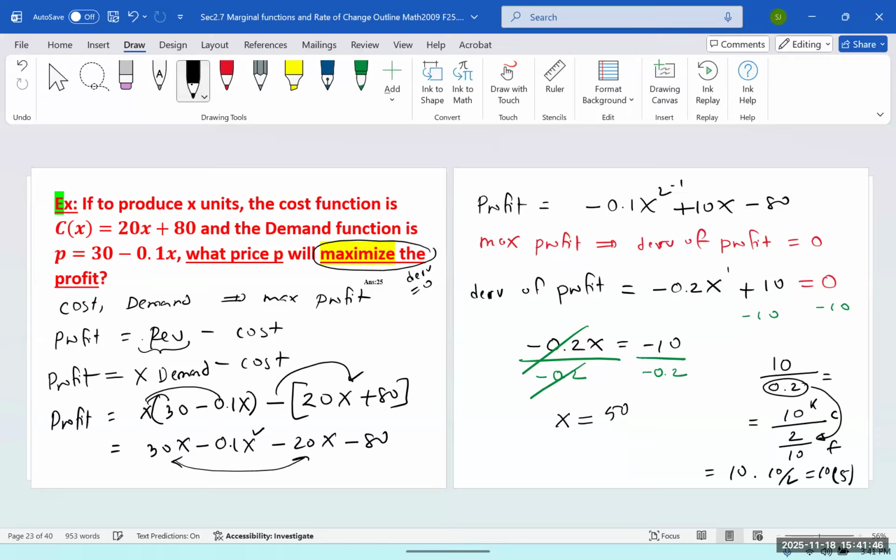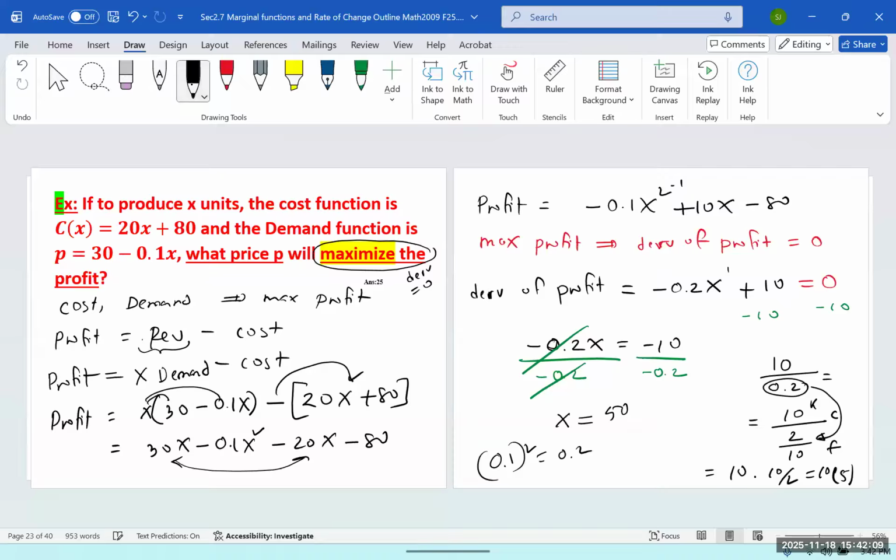So you get, wait. Did he make a mistake somewhere? No, for the 1 times 2. 0.1 times 2 is 0.2.